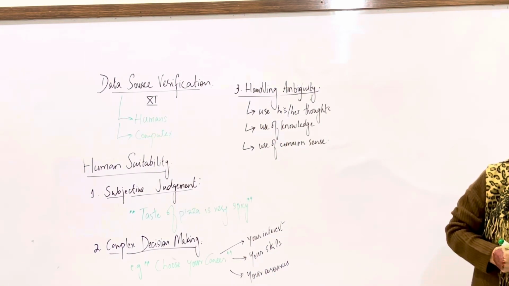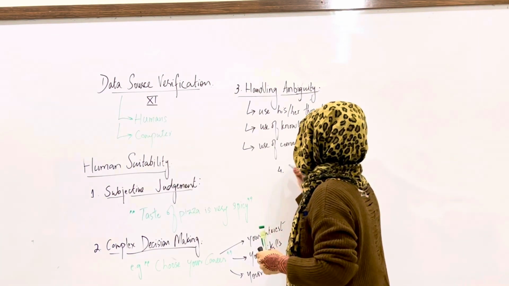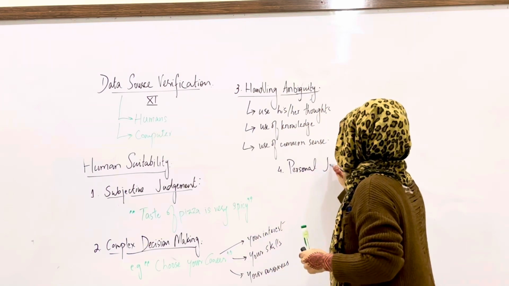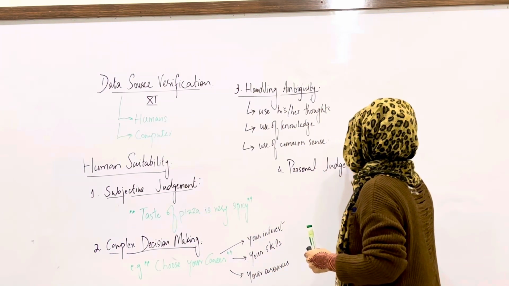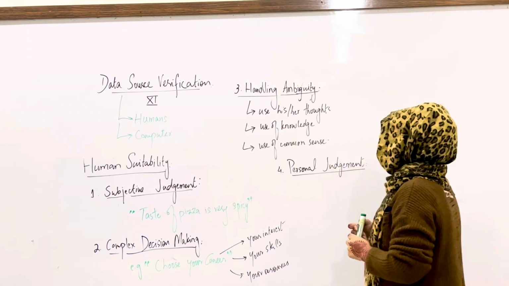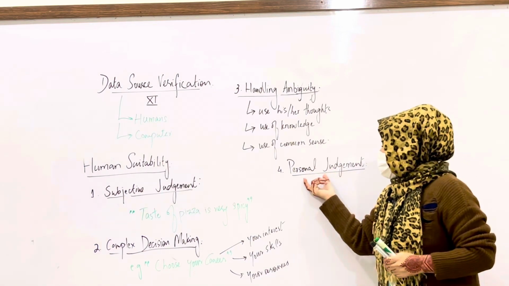Now the last one is about your personal judgments. Personal judgment is again a situation in which you are using your own perception, your own understanding, your own knowledge.